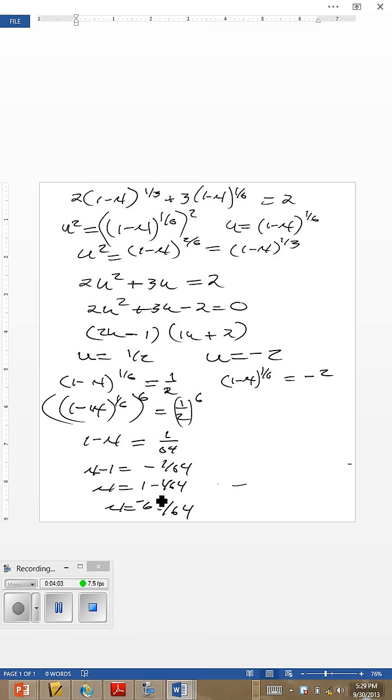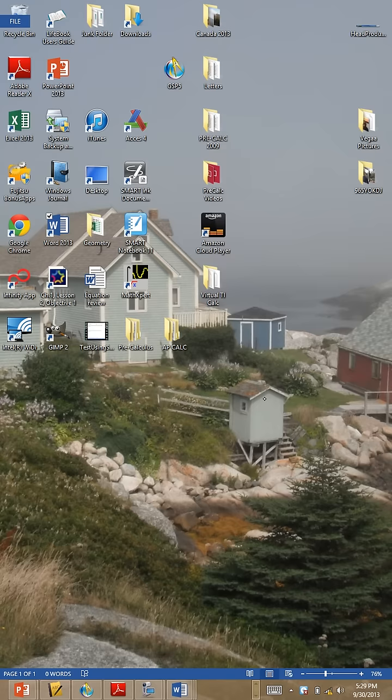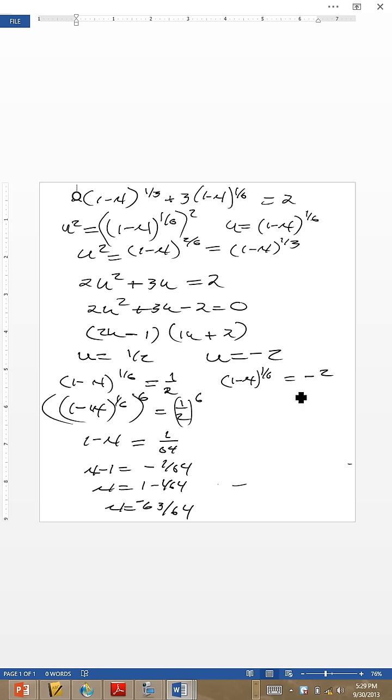Now, this one should raise a red flag, because we're taking the 1/6 power and playing with it to see what happens. So again, we're going to do the same thing over here. I'm going to be a little suspicious of this, and we're going to see what happens.